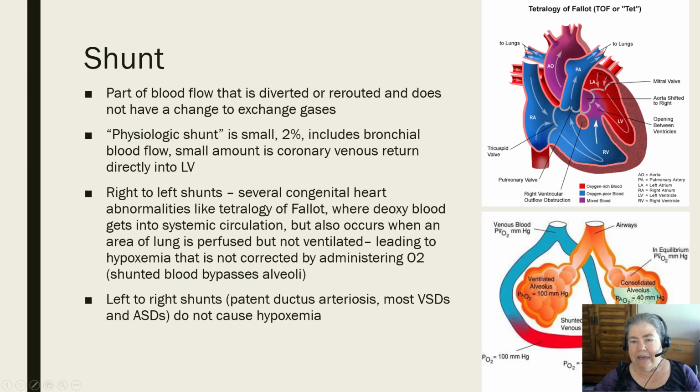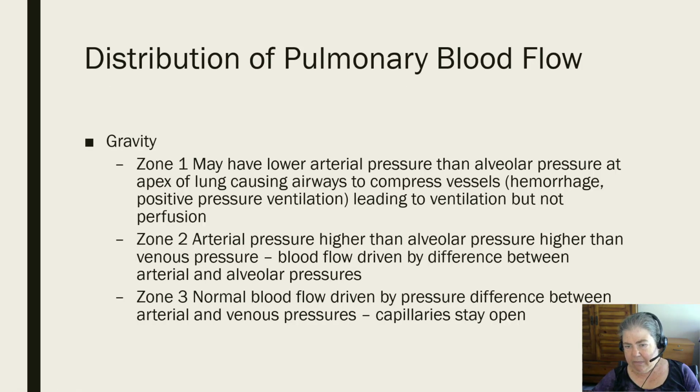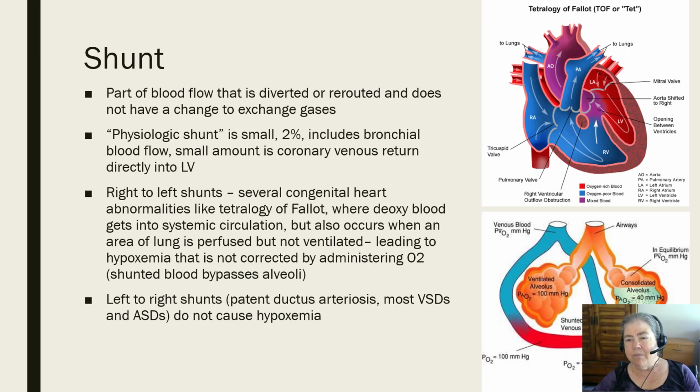And it is then getting mixed back in to the blood that has been oxygenated from a ventilated alveolus. So in the case of a portion of the lung that is not allowing appropriate oxygen exchange, you can get a shunt effect where the PO2 in the blood returning to the right side of the heart is low.